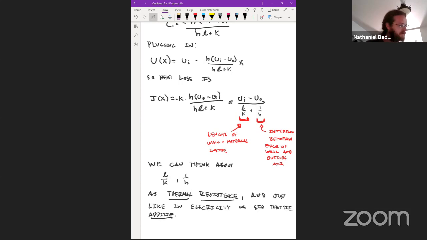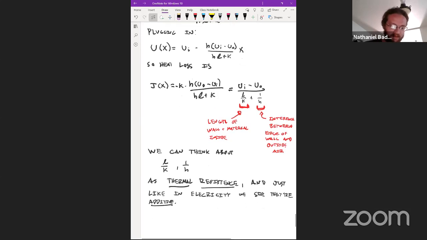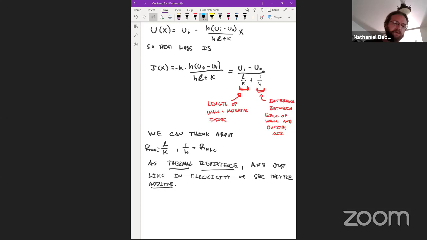So one question: I said we put a Newton's law condition on the left-hand side. If we're going to take this seriously and say that they actually are additive, then I'll call this R wall, and this is R Newton's law condition. What would happen if we added a Newton's law condition inside?